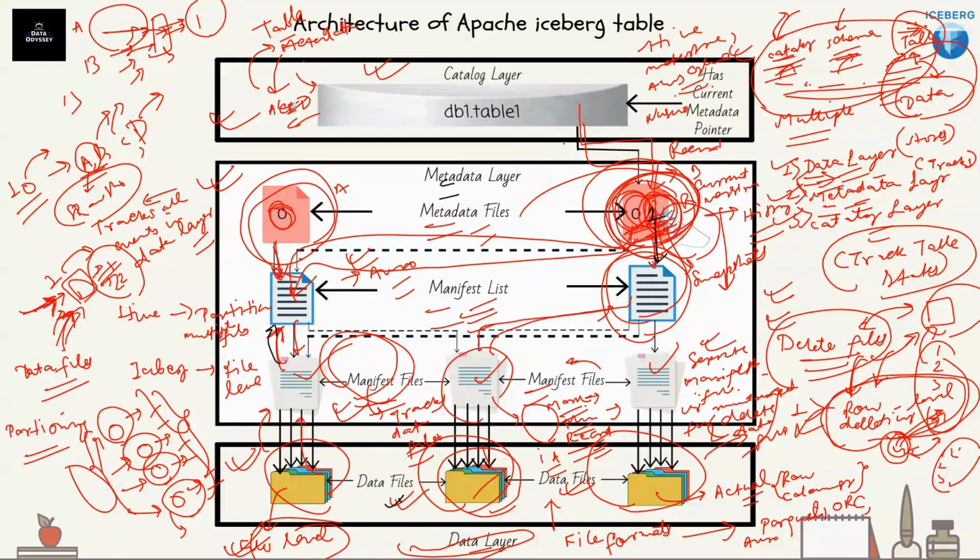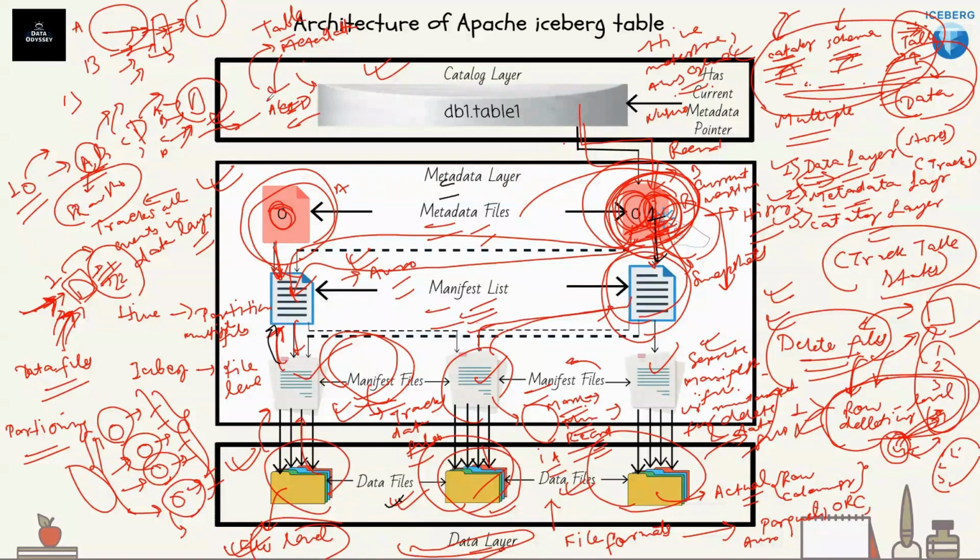It works so well in a high concurrency environment for the Apache Iceberg table. So we are able to perform parallel streaming to a single table from multiple sources, and that's because of this catalog, which maintains the state in a consistent manner at a particular point in time.